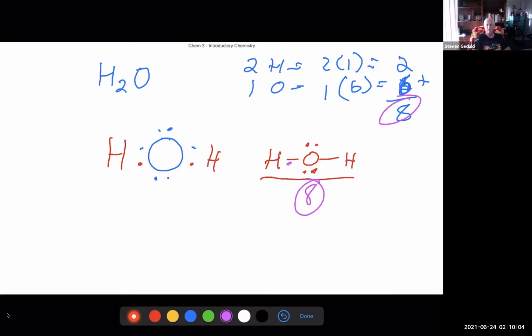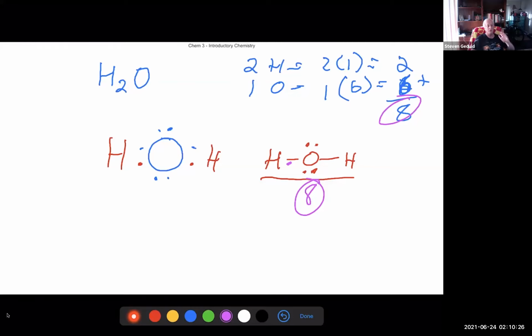That's our Lewis structure. We have to account for the same number of valence electrons. It's not all this simple, but that's how we do any Lewis structure.